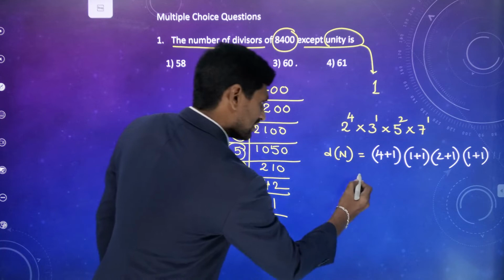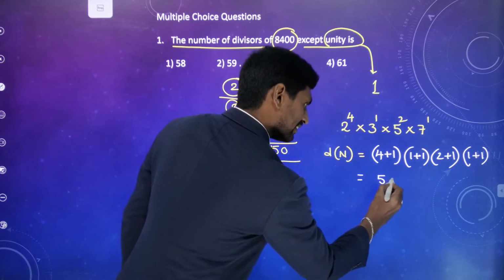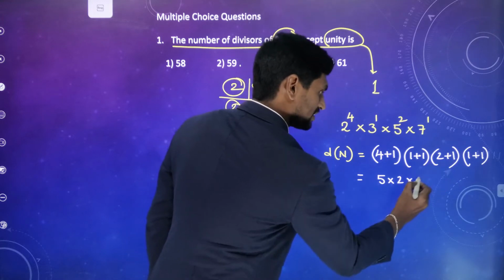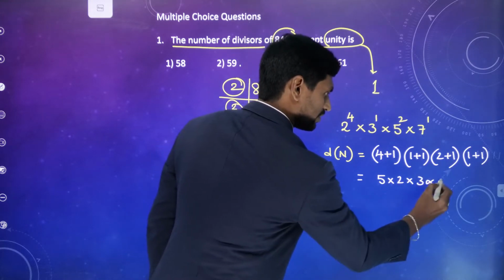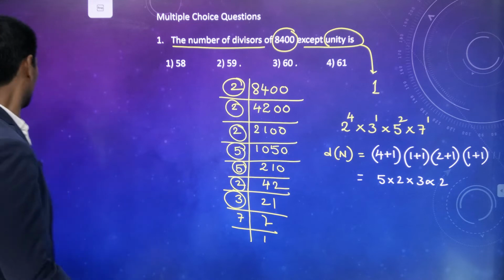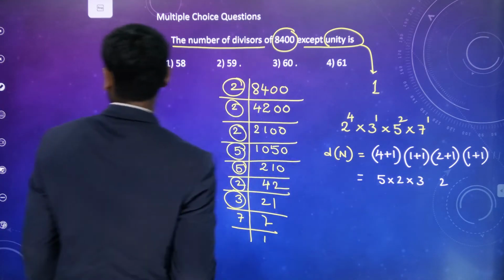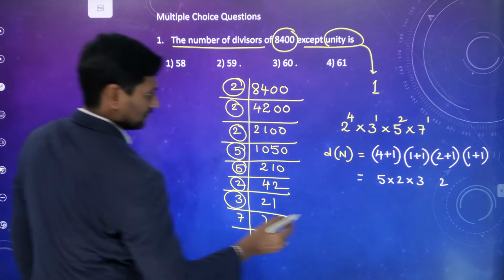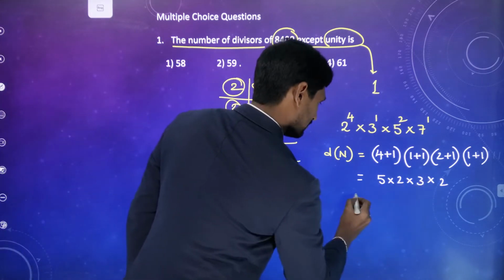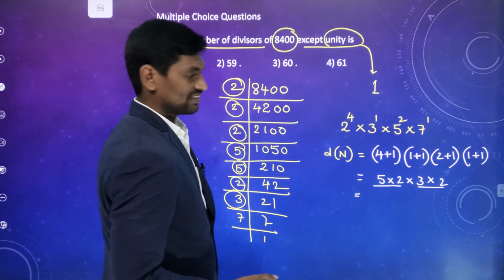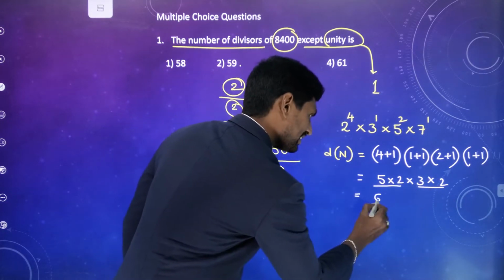Now check that. 4 plus 1 is 5, 1 plus 1 is 2, 2 plus 1 is 3, and 1 plus 1 is 2. Okay, so just multiply these. 5 2s 10, 3 2s 6. So 10 6s are 60.